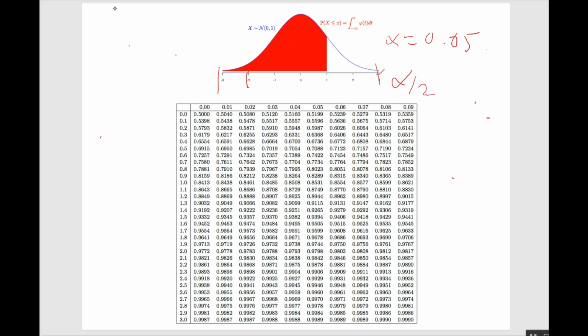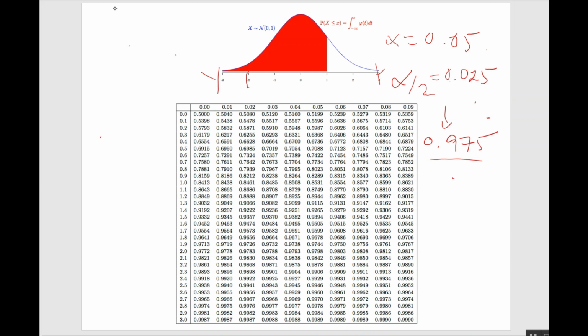So alpha must be divided by 2 for the right tail and left tail, so you will be getting 0.025. So basically you need to search for the value of 0.975 from the table, because 1 minus 0.025 gives you 0.975.